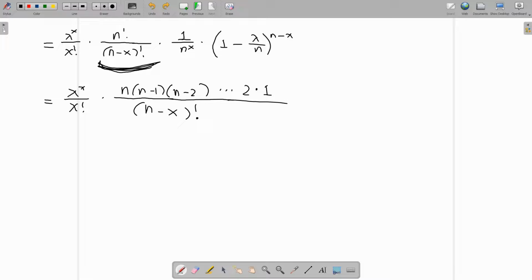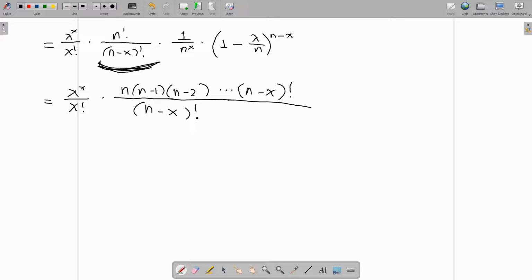Instead of bringing the numerator down to 1, we can simply make n factorial be the product of n down to n minus x, remember, x is less than or equal to n, and then down to 2 times 1.